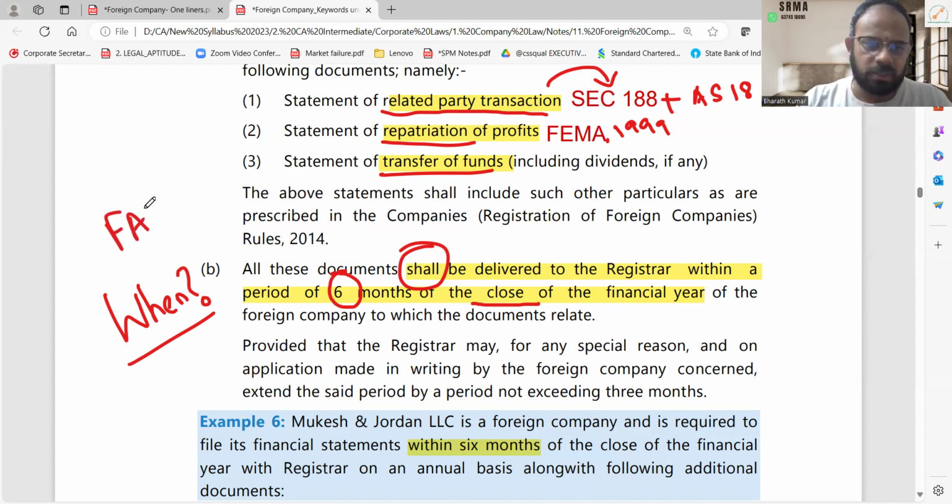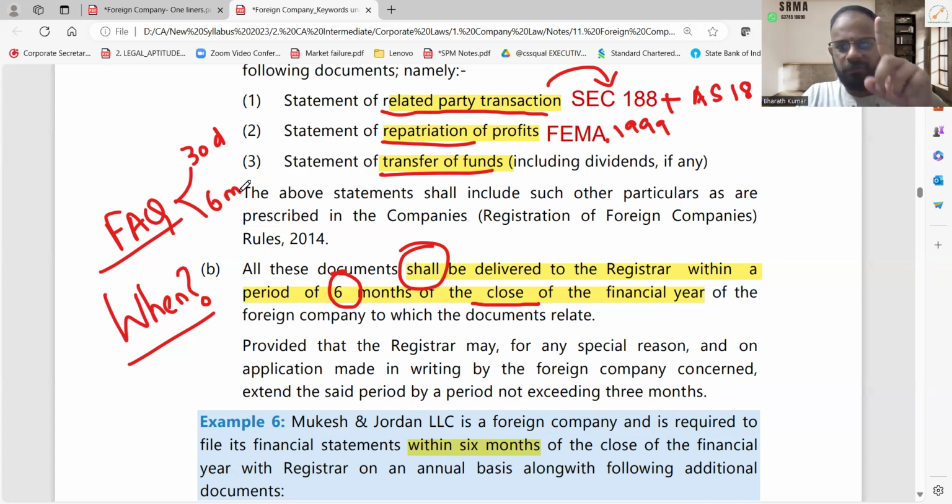Frequently asked question, the 6 months. 330 days is one, 6 months is one. They will ask you in the exam. Note it down and keep. In the book back also they have asked. In RTP, MTP also they will ask. So there is no doubt. Don't confuse that with this.